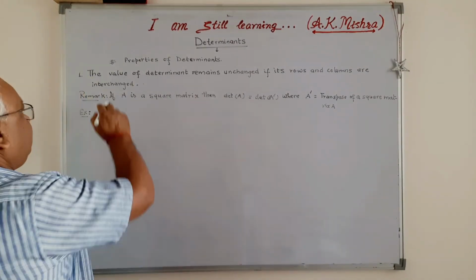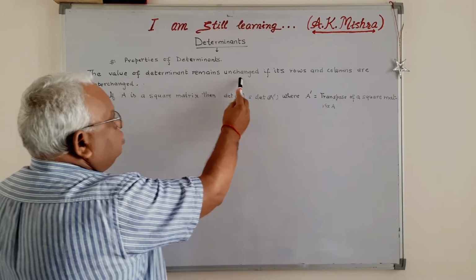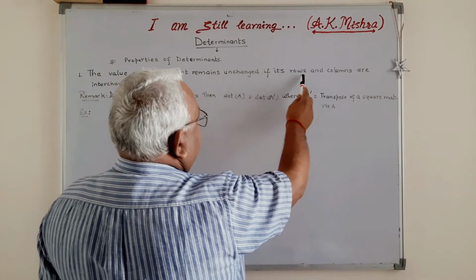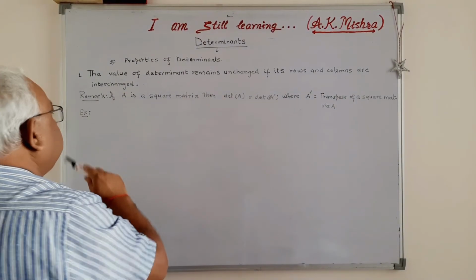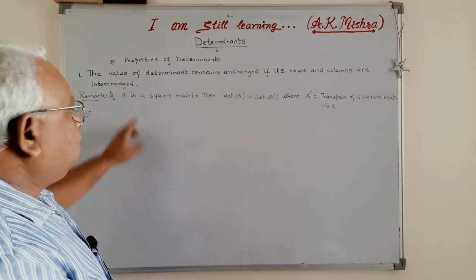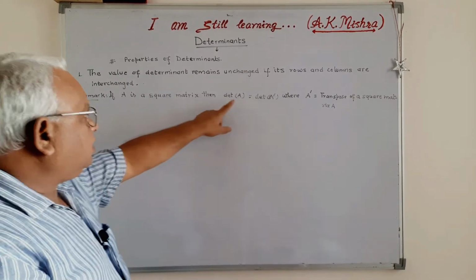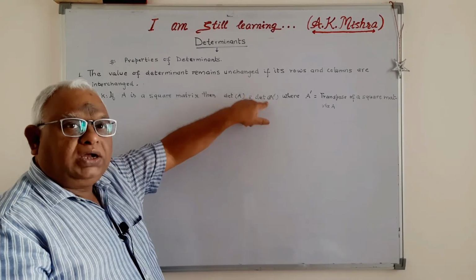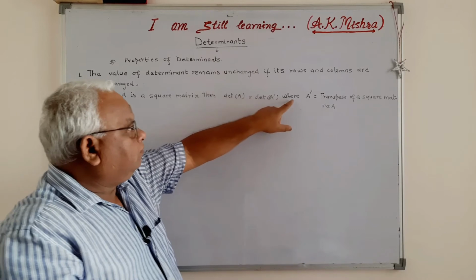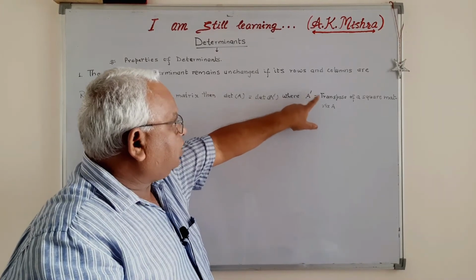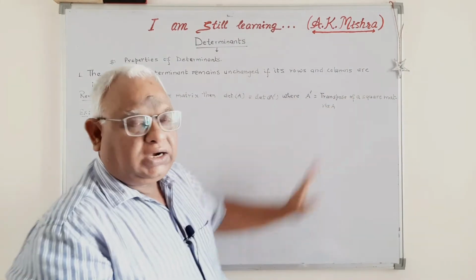So the first property says the value of a determinant remains unchanged if its rows and columns are interchanged. That means if A is a square matrix, then determinant of A is equal to determinant of A transpose, where A dash stands for the transpose of a square matrix.